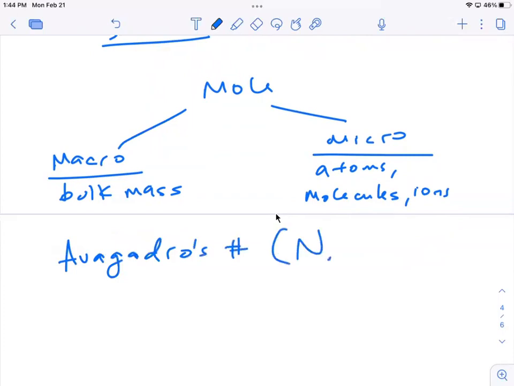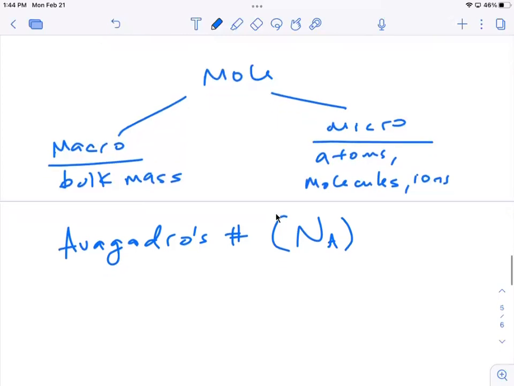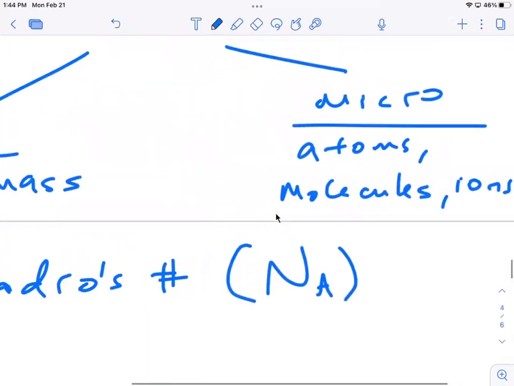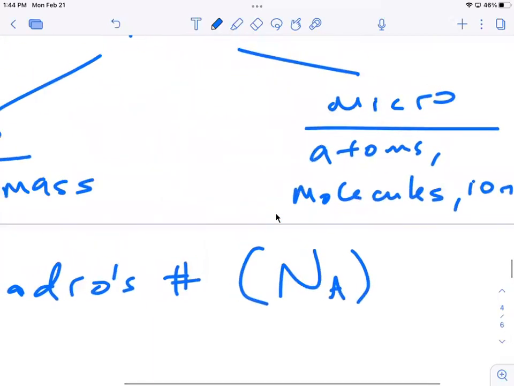Which is represented by uppercase N with a subscripted uppercase A. What Avogadro's number allows us to do is figure out the micro part, because it is the number of discrete particles per mole. So the discrete particles are here. Let me put a little tag out here, because when you hear that phrase again, you'll know what it means.